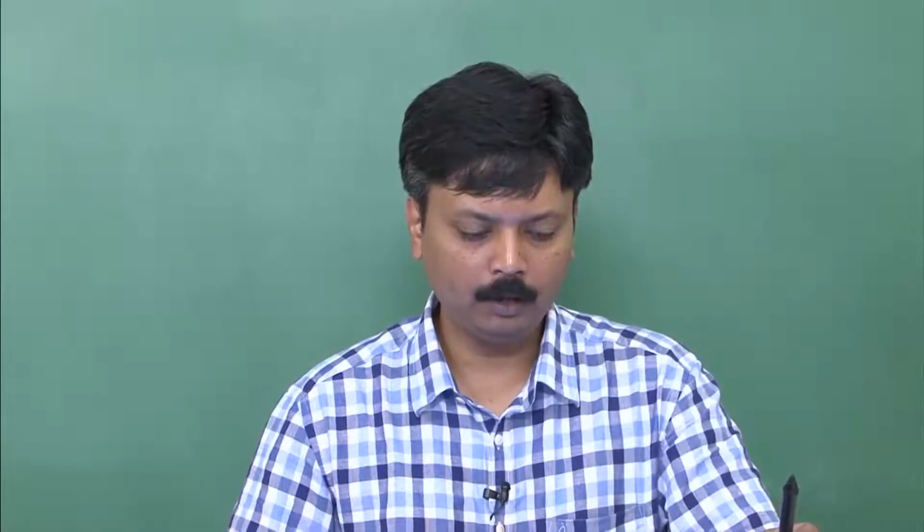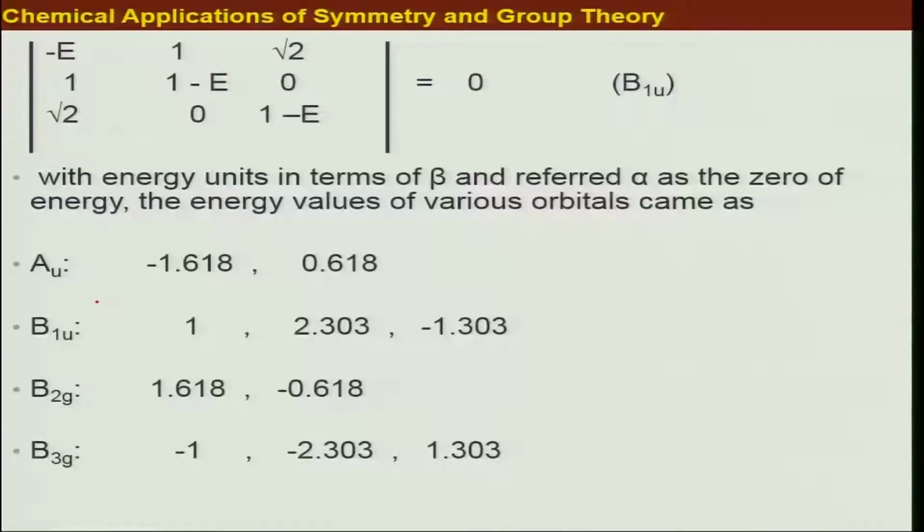Ultimately we found the energies of the possible MOs to be like this. Two SALCs which have the same symmetry, Au, have two different energies. Similarly, for B1u, B2g and B3g, we found a number of energy levels. Now, our job was to arrange these energy levels.